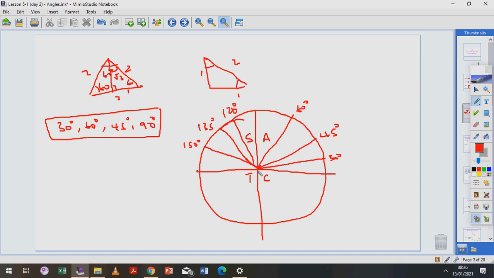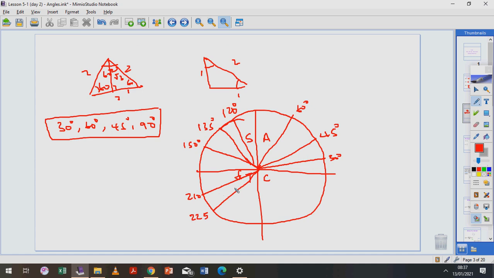In this quadrant, what's the coterminal angle to 30? 210. How are you getting that? 180 plus 30. What's the coterminal angle to 45? 225. How did you get that?